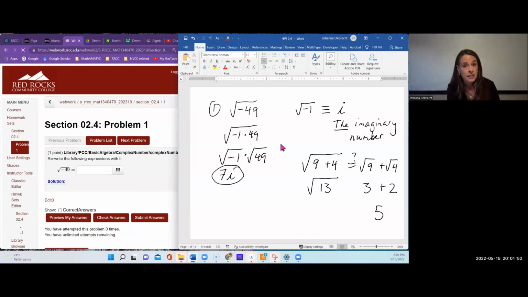The square root of 16 is 4, so the square root of 13 is less than 4, 3 something. This tells you that these two are not equal, and you cannot split a radical across things that are added or subtracted. Multiplication and division, yes. Addition and subtraction, no.